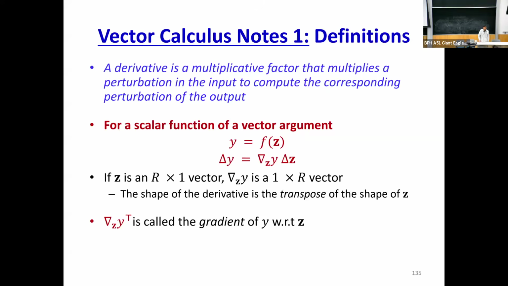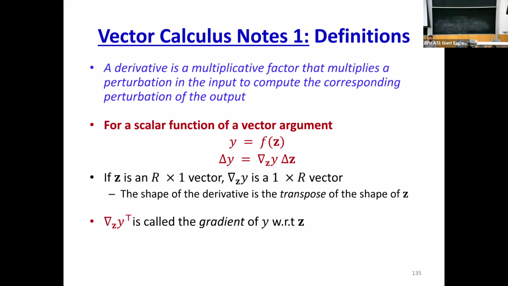What would the derivative rule here be? The derivative will have to be a matrix. The same rule is still going to apply. I'm still going to say delta y equals the derivative of y with respect to z times delta z. That's the beauty of this notation, right? That I still use the same notation, nothing changed.